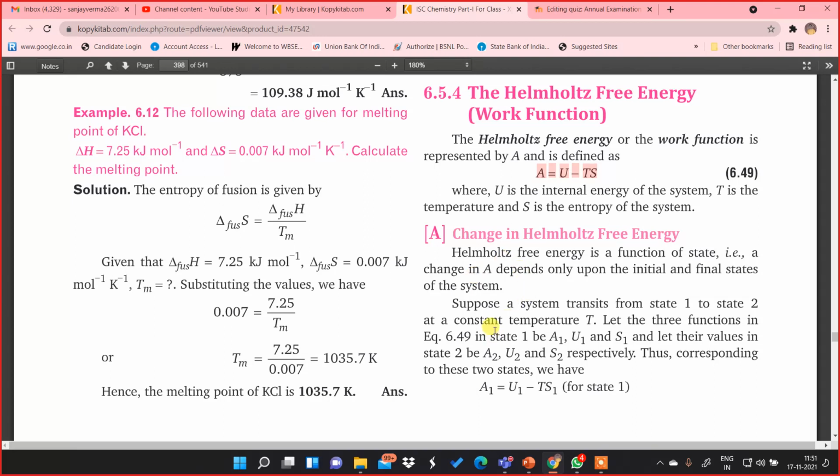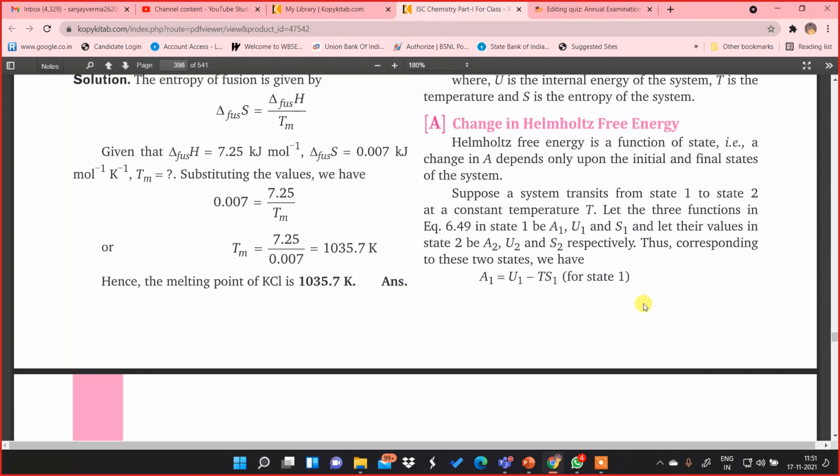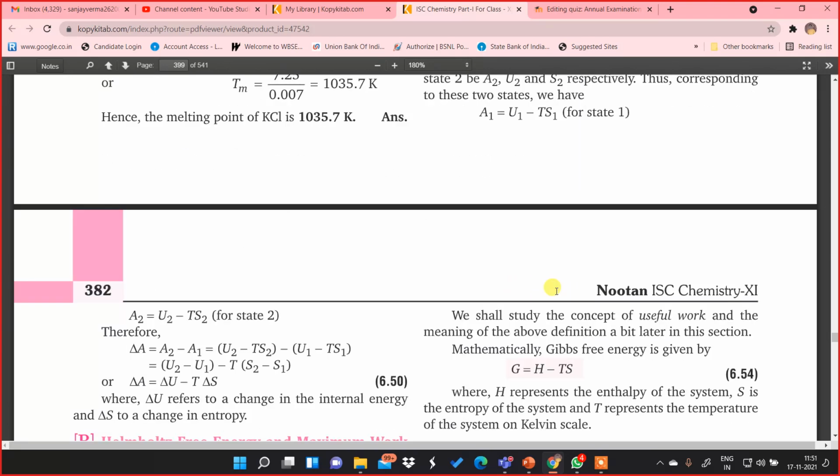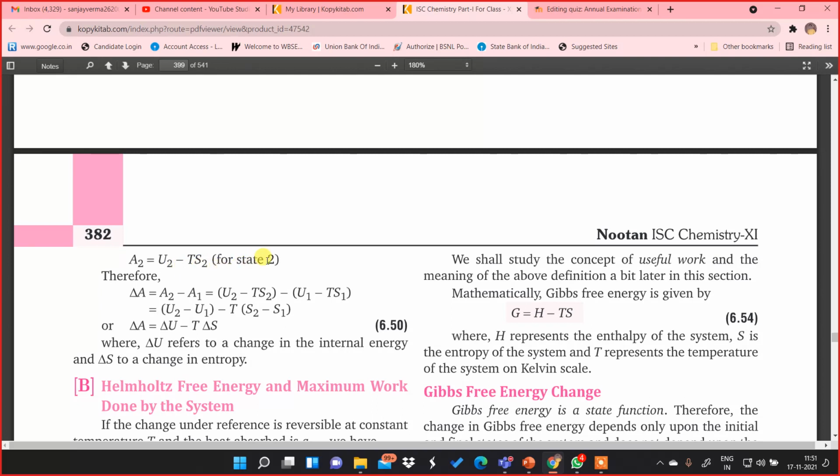Now suppose a system changes its state from state 1 to state 2 at constant temperature. Let the three functions in equation 6.49 in state 1 be A1, U1 and S1, because T is constant, and let their values in state 2 be A2, U2 and S2 respectively. Thus we can write two equations: for state 1, A1 is equal to U1 minus TS1, and for state 2, A2 is equal to U2 minus TS2.